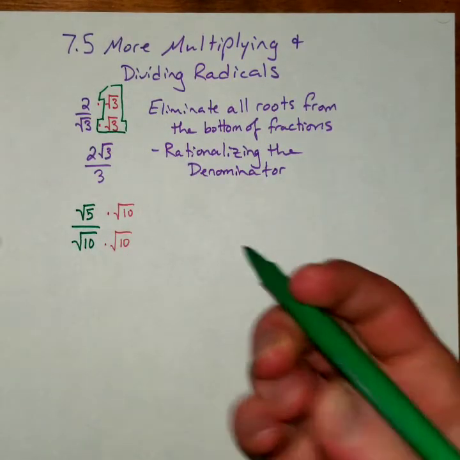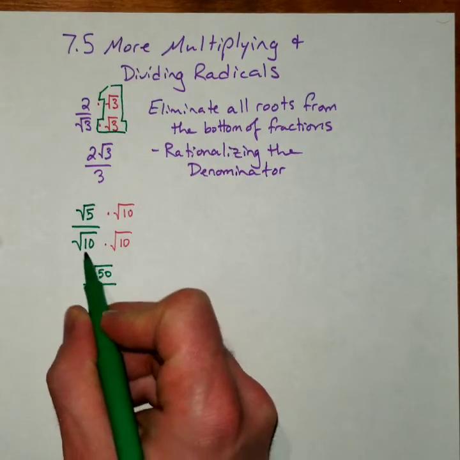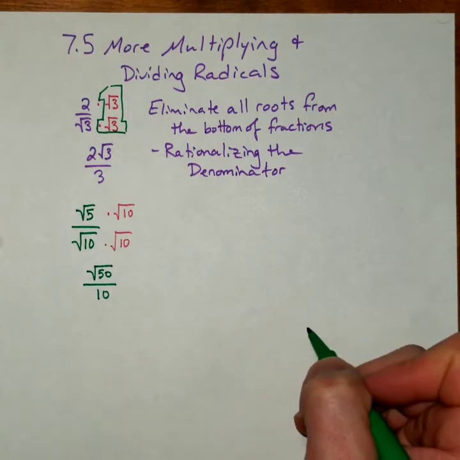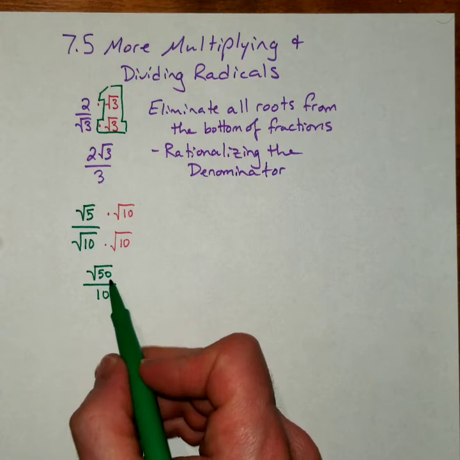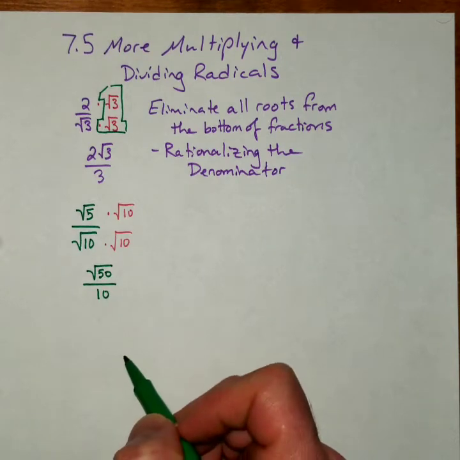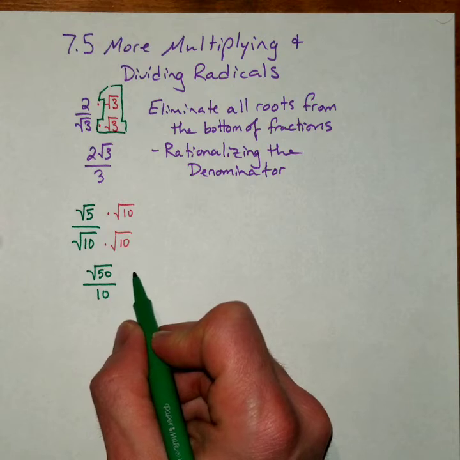Okay, the numerator becomes the square root of 50, and the bottom is just 10. Right, so I get square root of 50 divided by 10. However, the square root of 50 can be simplified. Remember, 50 is 25 times 2.